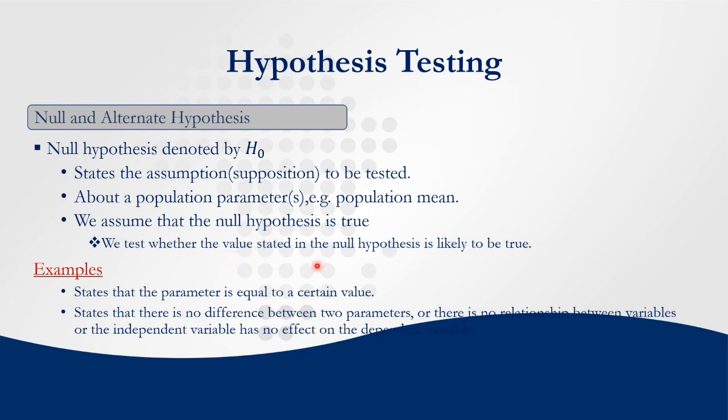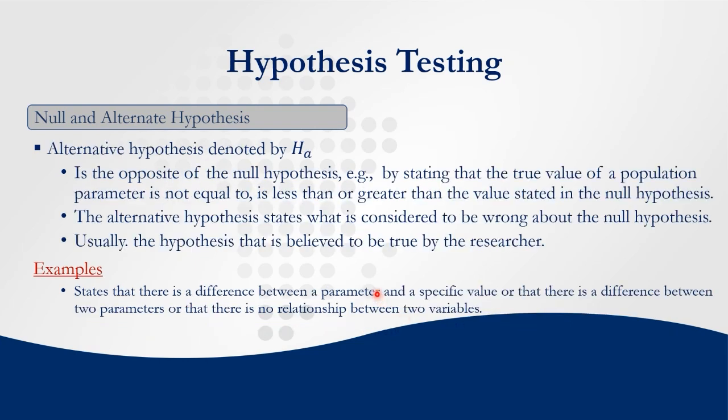The null hypothesis, for example, can say a parameter is equal to a certain value, such as the average IQ is this much. It can say there is no difference between two parameters, or there is no relationship between variables.